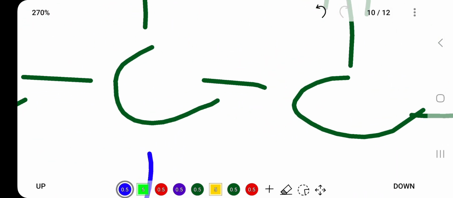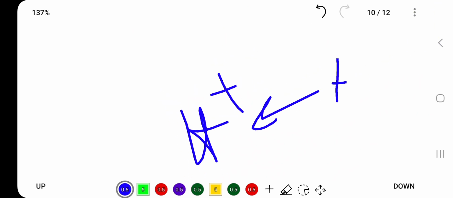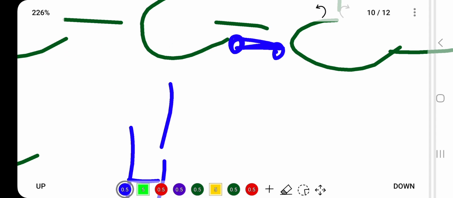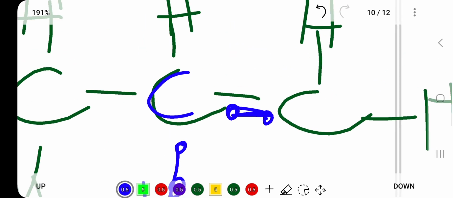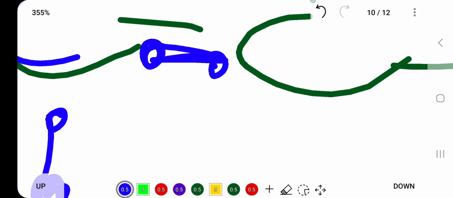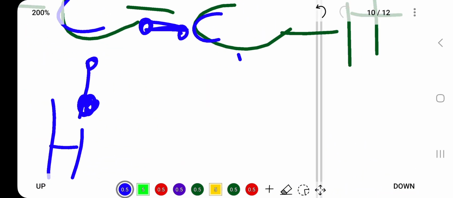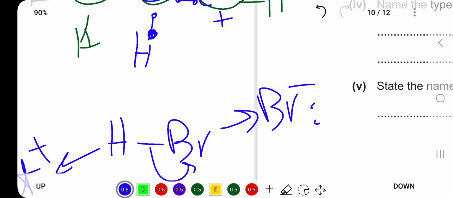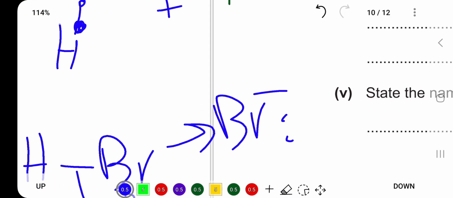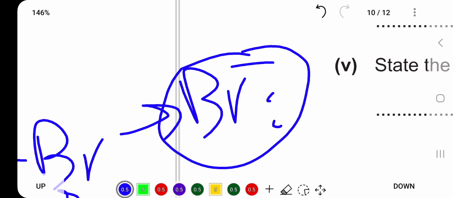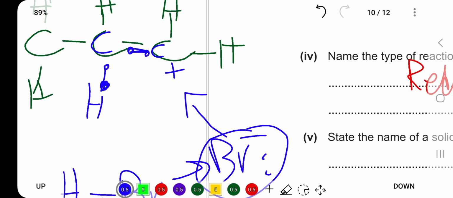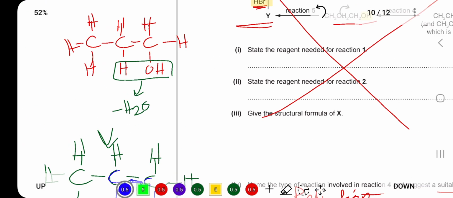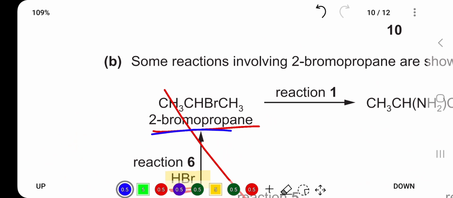Since the H plus did not have any electron to share, the two electrons are now shared from this carbon, but this electron was from this carbon, right? So the carbon will be like, hey, I want my electron back. So it's now a carbon cation. Now the carbon cation can attract any nucleophile. So in this case, this nucleophile will be like, hey, I'll help you, to be Br. And yes, this is your answer.